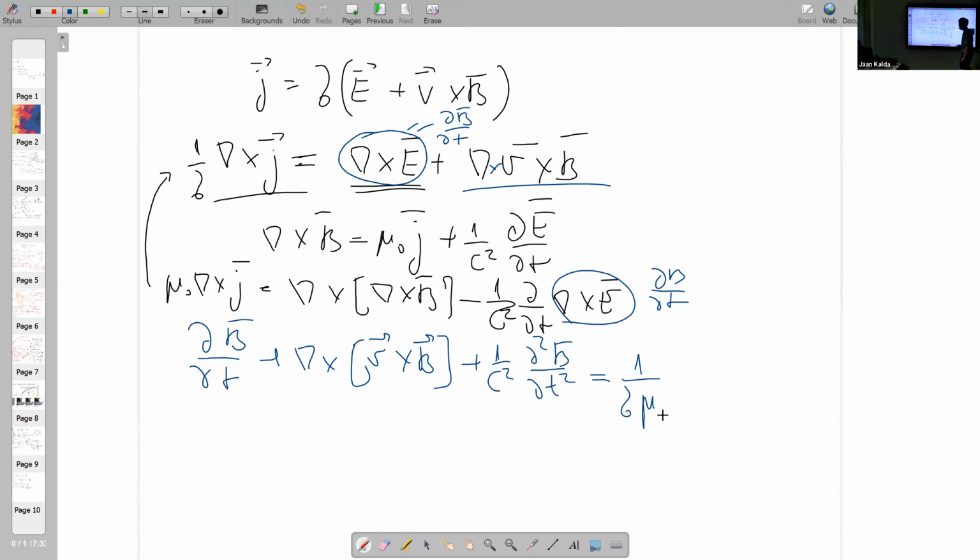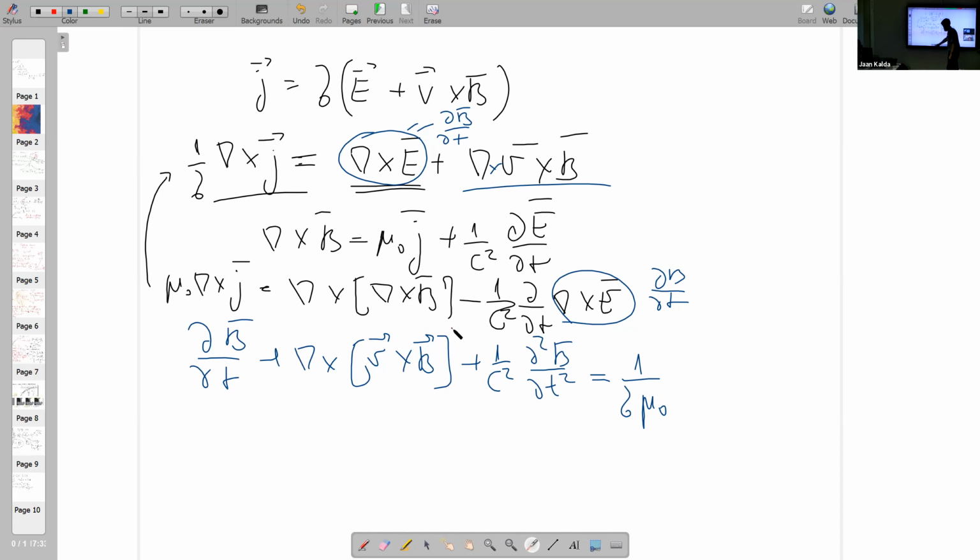Is that right? 1 over sigma is already here. And when I substitute curl of J, 1 divided by mu naught will be going to the right-hand terms.